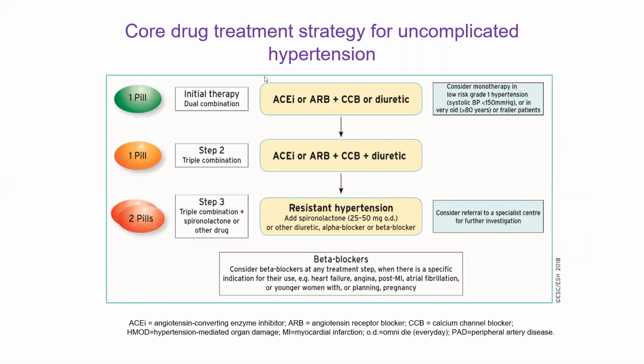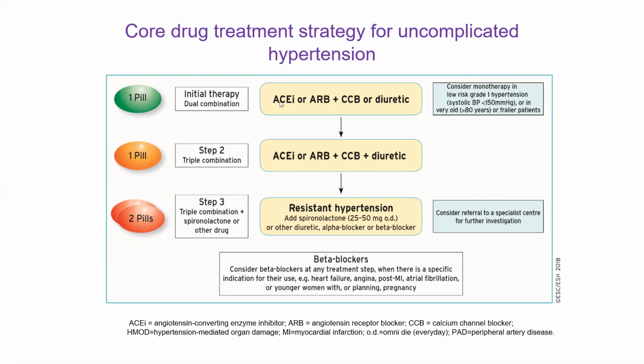Which medications are the first line drugs? We start initial pharmacotherapy with the RAS inhibitors. By the way, RAS inhibitors means angiotensin converting enzyme inhibitors or sartans. We use sartans, angiotensin receptor 2 blockers.